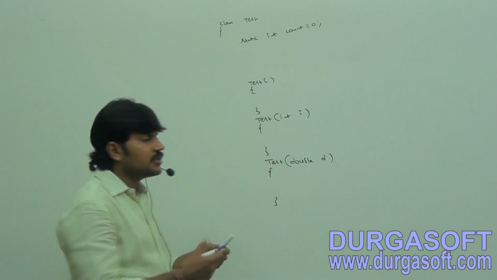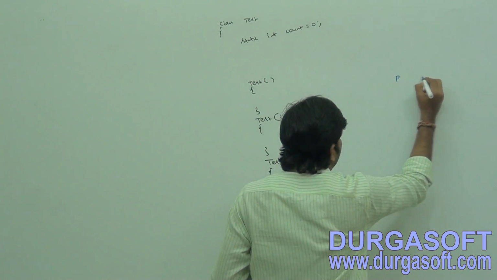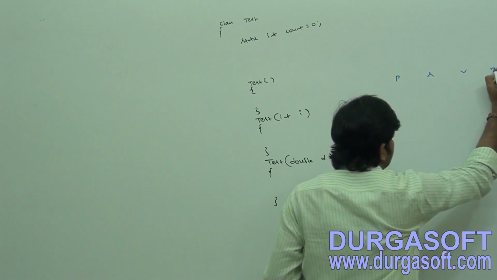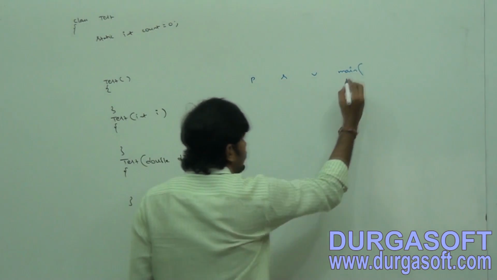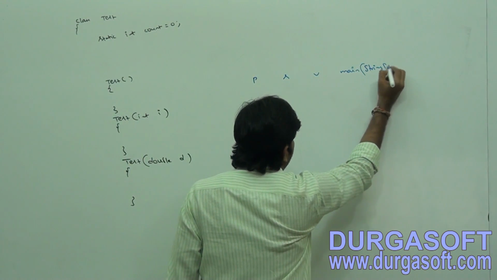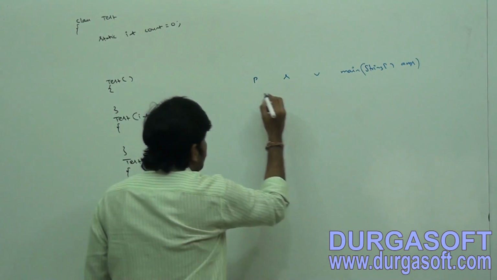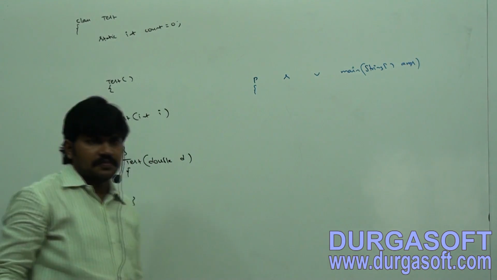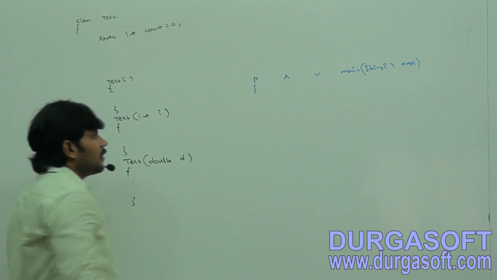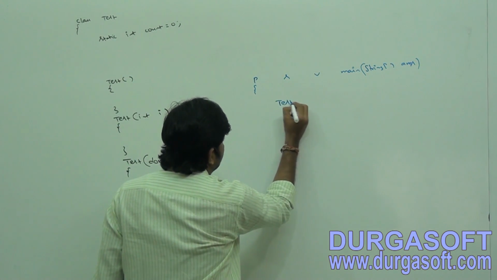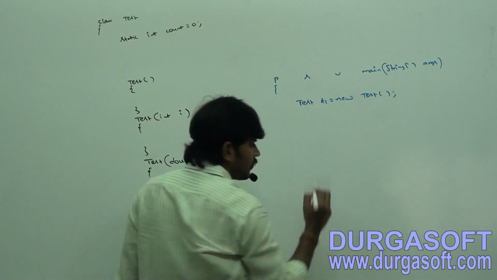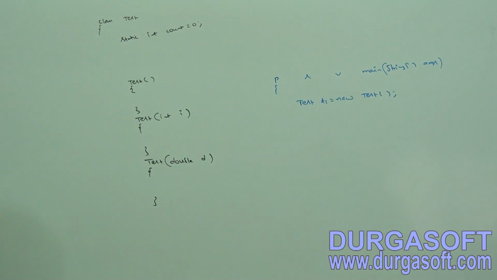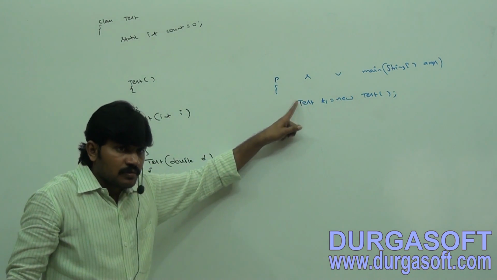Now the continuation: observe, public static void main(String[] args). I'm creating Test objects. Test t1 = new Test(); here I'm creating an object. Which constructor will be called?